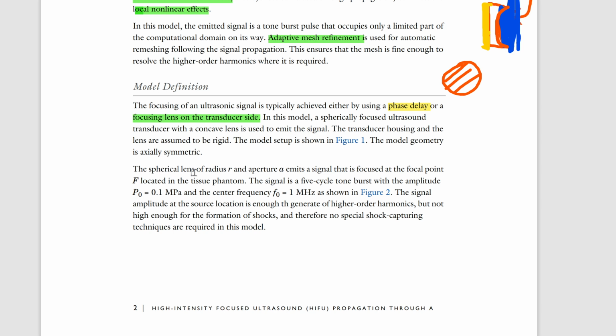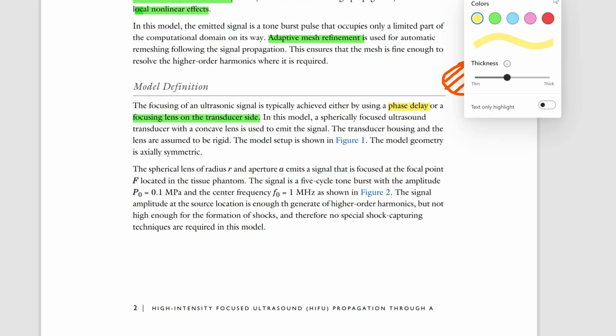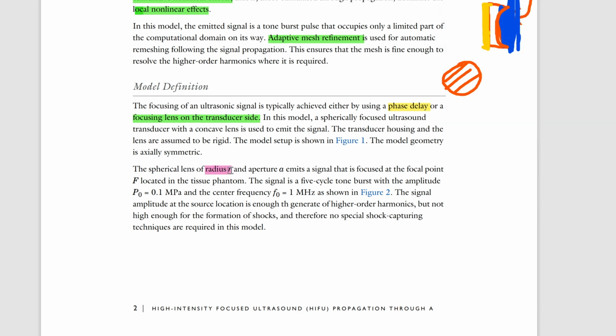The spherical lens of radius r and aperture A. Okay, so I was right. Let's highlight these. We have a spherical lens with a radius r and an aperture A, emits a signal that is focused at the focal point F. So F is our focal point, located in the tissue phantom.